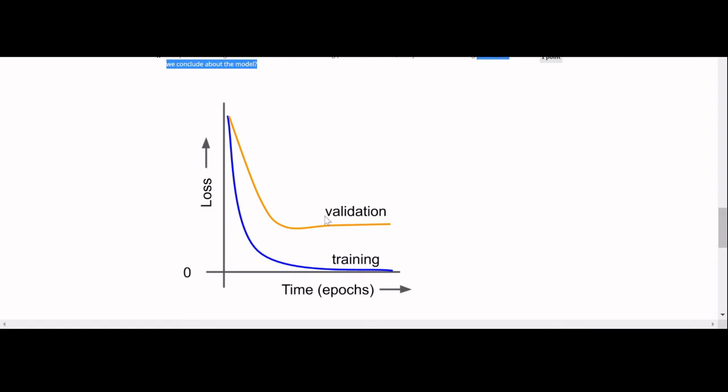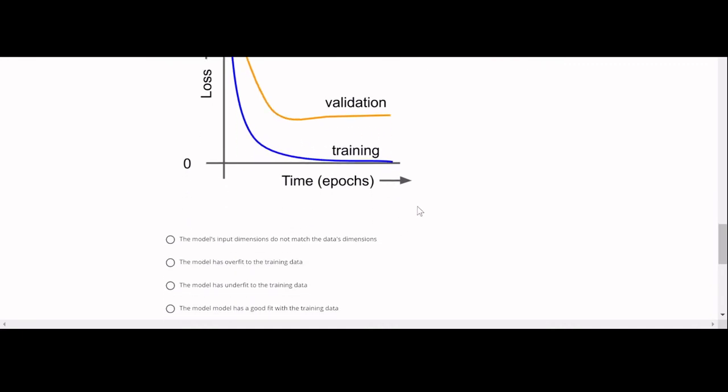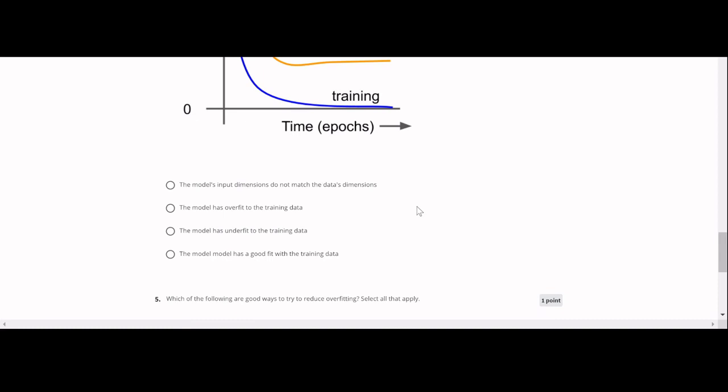Over time, the training loss is approaching zero, and in the validation set, the loss is not going to zero.